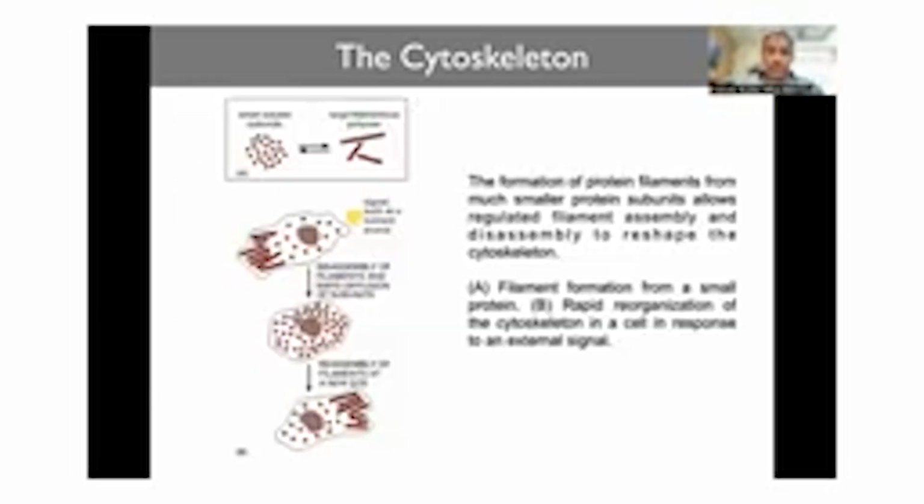The cytoskeletal components, unlike the membrane, which is made up of lipids, are made up of proteins, right? So one of the things to remember is that when it comes to making and using the cytoskeleton, the advent of proteins and the making of proteins should have taken place.